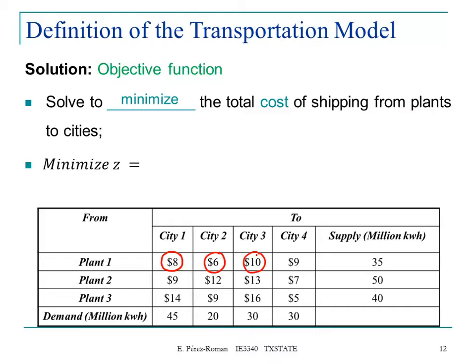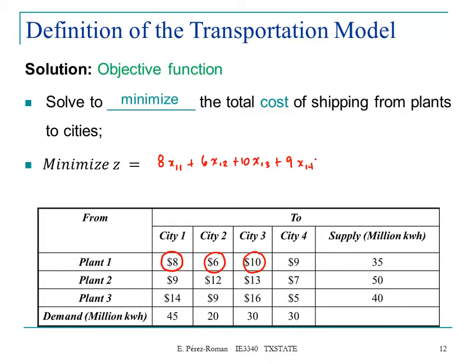So for the first, you know that it's going to cost you $8 to go from plant 1 to city 1. And then it's going to cost you $6 to go from plant 1 to city 2. It's going to cost you $10 to go from plant 1 to city 3. And it's going to cost you $9 to go from 1 to 4.